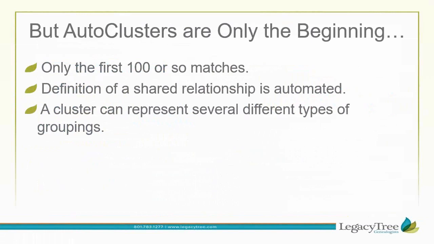When MyHeritage takes the match list and imports that data into the AutoCluster, they will sometimes set the threshold of what is considered a shared match relationship to a higher level. So instead of saying, well, anybody who shares any DNA is a shared match, they say, in order to be considered a shared match between you and a genetic cousin under consideration, we're going to say they have to share 15 centimorgans or 20 centimorgans or 35 centimorgans or 50 centimorgans, right?